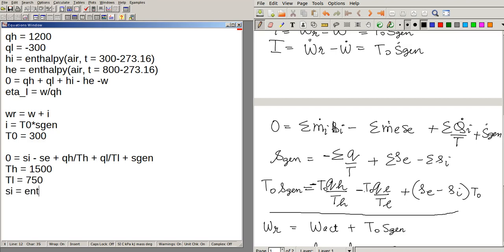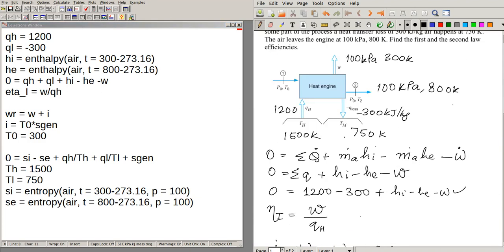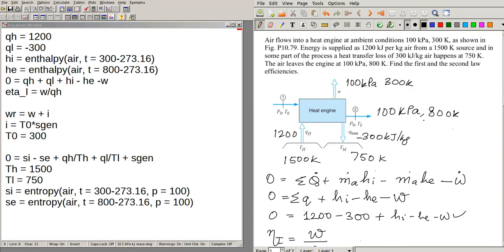Si is the entropy of air at T equal to the given conditions, and P equal to 100 kPa. Se is the entropy of air at T equal to the given temperature at exit and the given pressure at exit. So both the pressures are at atmospheric pressure.